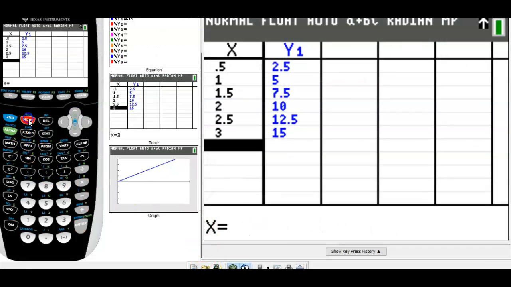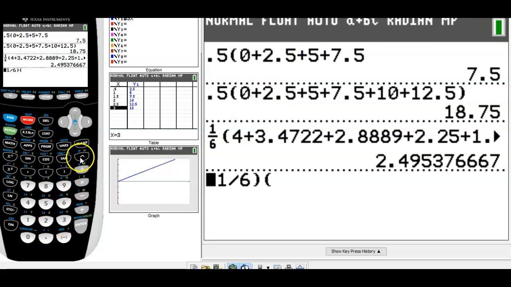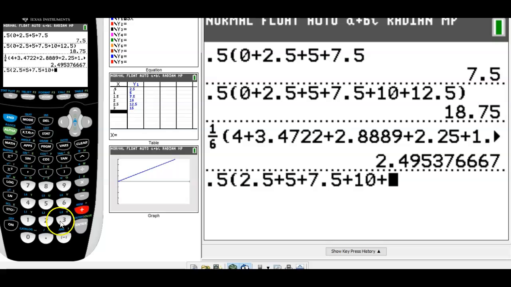So we've got 1 half times 2.5 plus 5 plus, yep. Looks good.